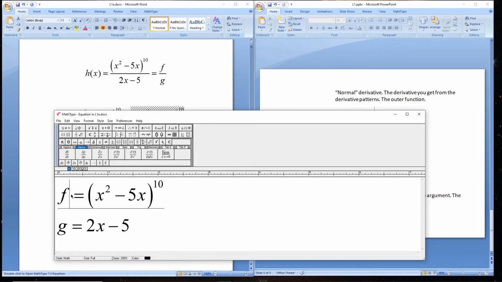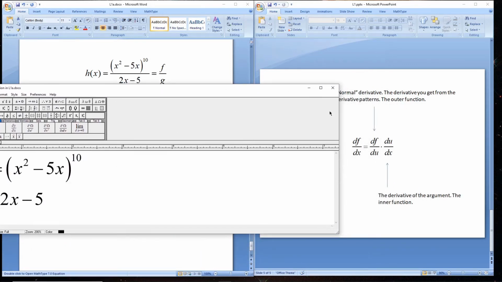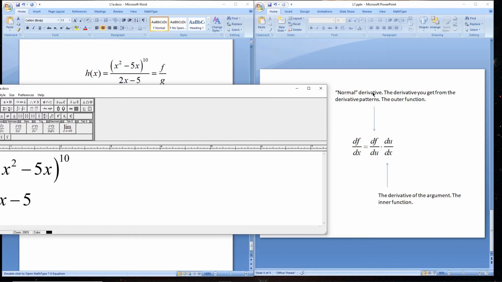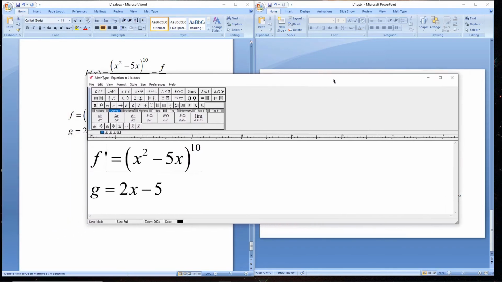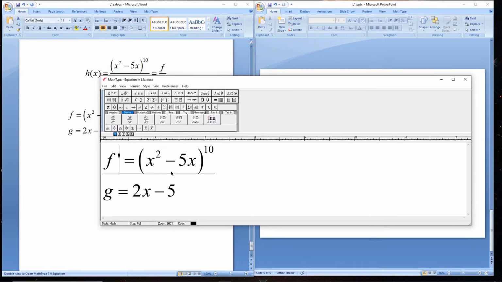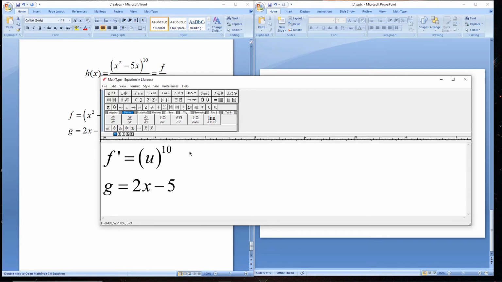So let's do the derivative of f. Here's our chain rule. And remember, the chain rule says, first, just take the normal derivative, the derivative of the outer function. So in other words, we're just going to pretend for a moment all of this is u, and the derivative of u to the 10th is 10u to the 9th.